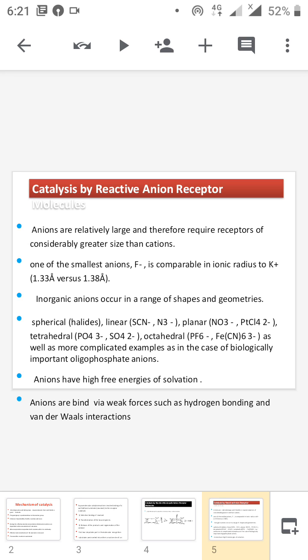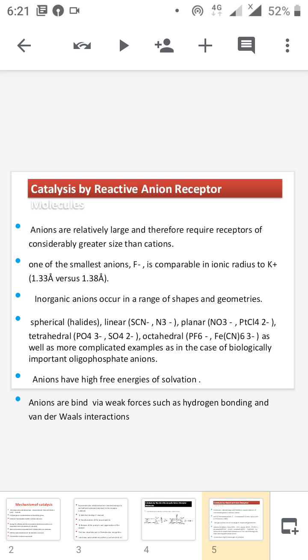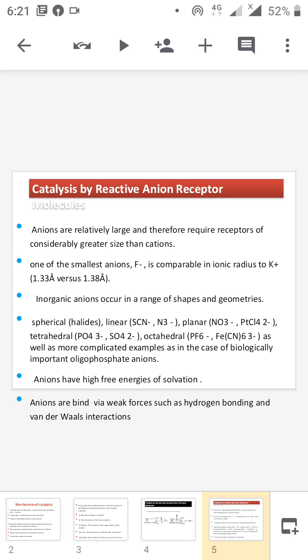For example, the halides are spherical in shape, but SCN minus and N3 minus are linear, and NO3 minus is planar. So depending upon the shape and geometry of the anion, there are various receptors for binding these anions. Anions have high free energy of solvation, and anions are bound via weak forces such as hydrogen bonding and van der Waals interaction.